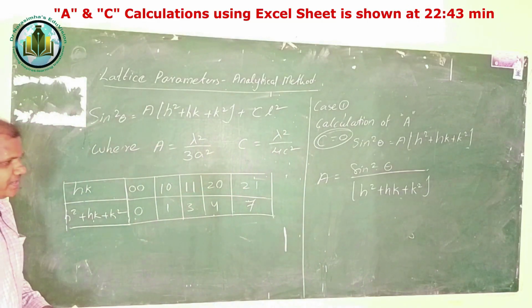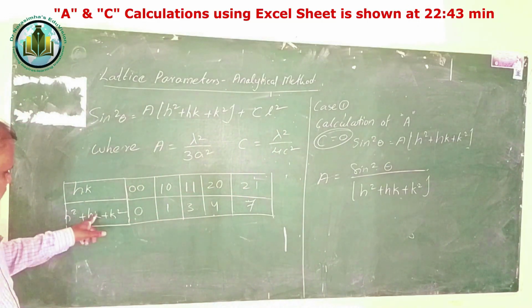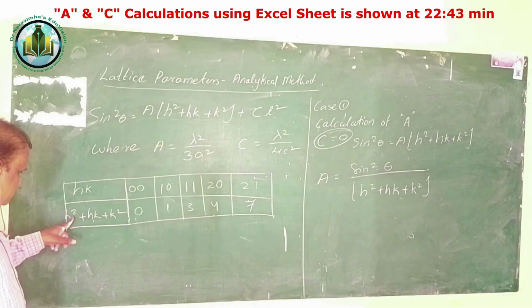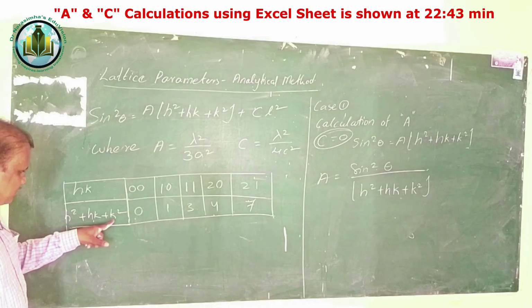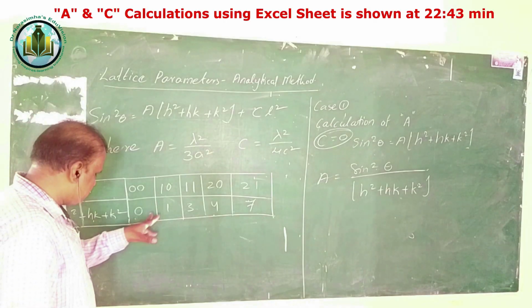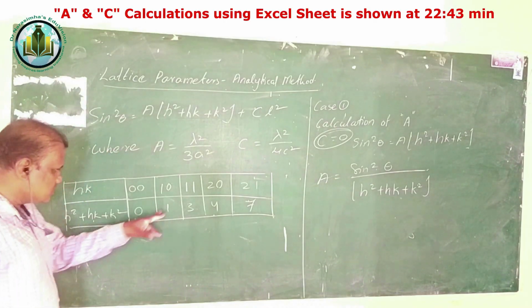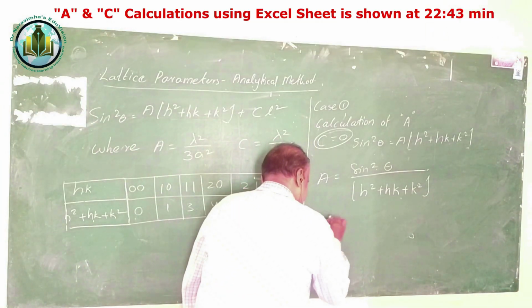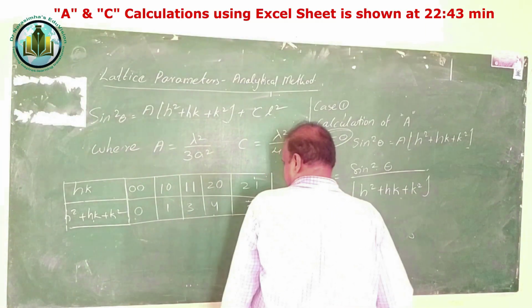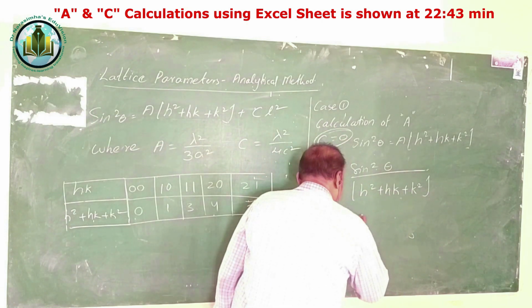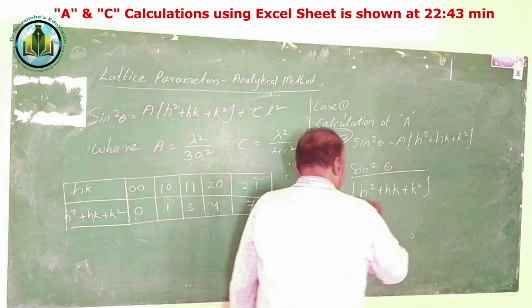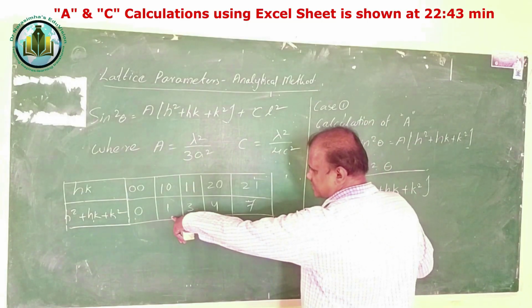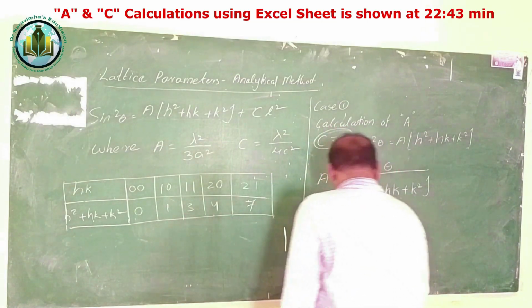So depending on different combinations of HK value, we have the factor values H square plus HK plus K square. There is no need of taking the 0 value, so we have 1, 3, 4, 7. Therefore, depending on HK value, capital A is sin square theta divided by this value. If it is 1, then sin square theta by 1.